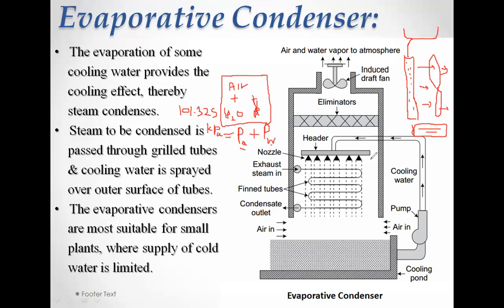So you can see there is water sprinkling, and there is air which is moving in the upward direction. Both will increase the heat transfer and this steam will be converted into water. Our final aim is to convert steam into water, and all this is to increase the heat transfer between steam and water. Okay, so draw the diagram.